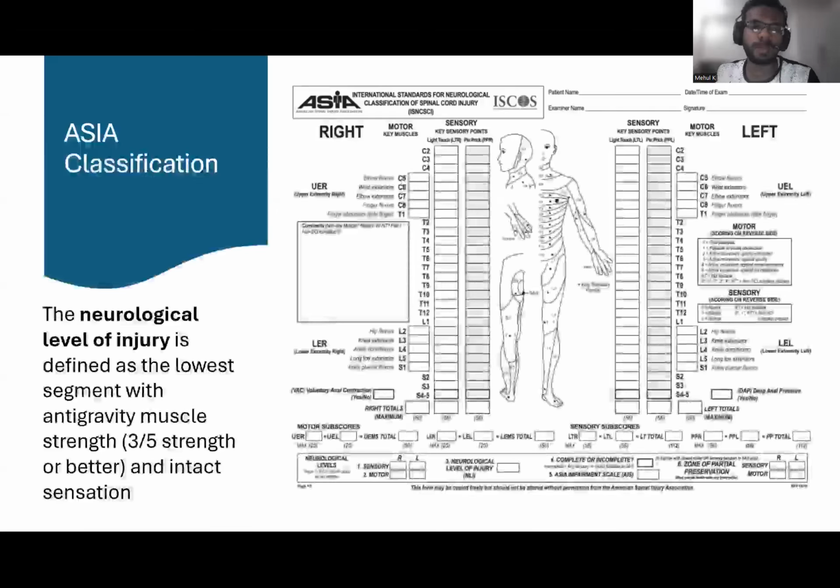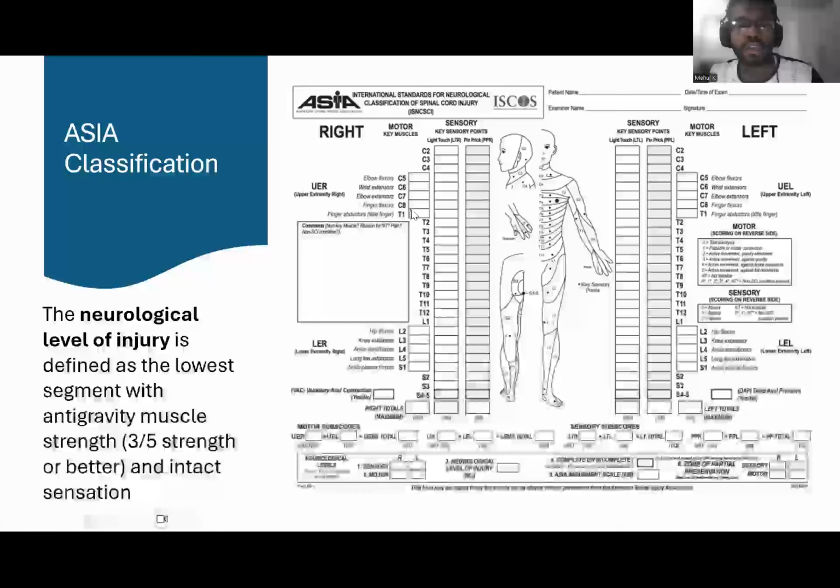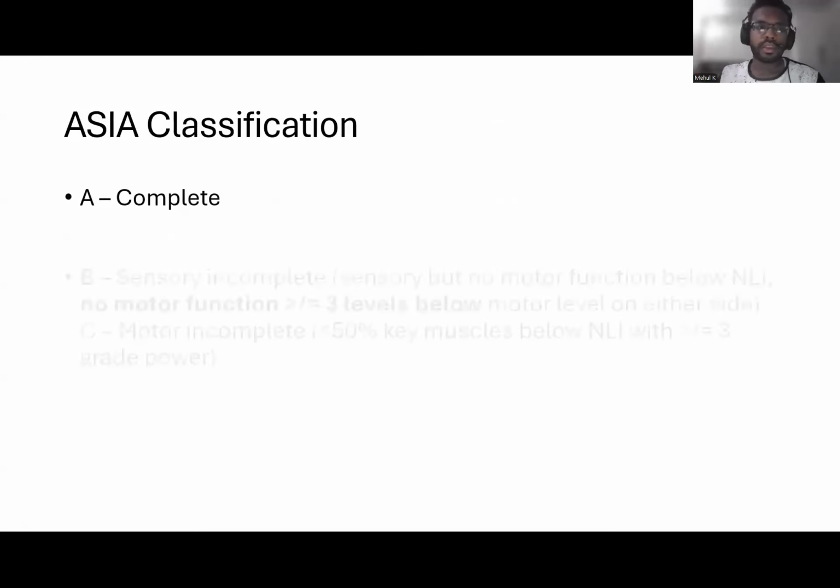That is ASIA B. So, suppose your level is C5 and you have no motor activity from T1 below, then that will count as ASIA B.